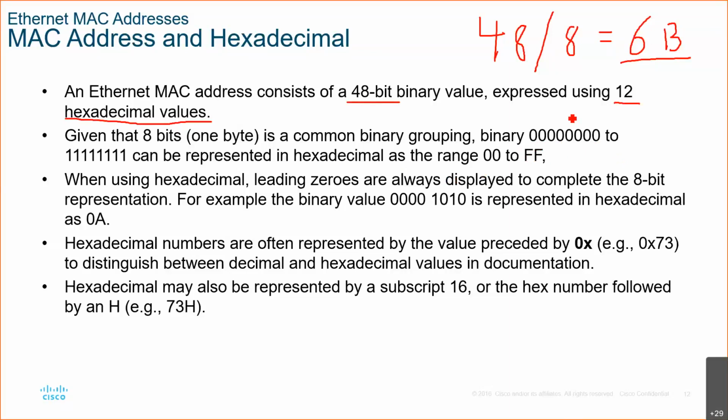Decimal would be 0. This one is 11111111. In decimal, this will be 255. How do you represent this in hexadecimal? It would be FF.